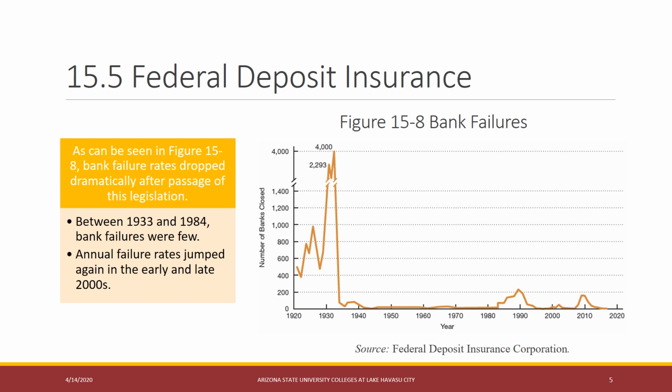As you can see, bank failure rates dropped dramatically after the passage of early federal legislation. The long period from 1935 until the 1990s was relatively quiet. From World War II to 1984, fewer than 9 banks failed per year.